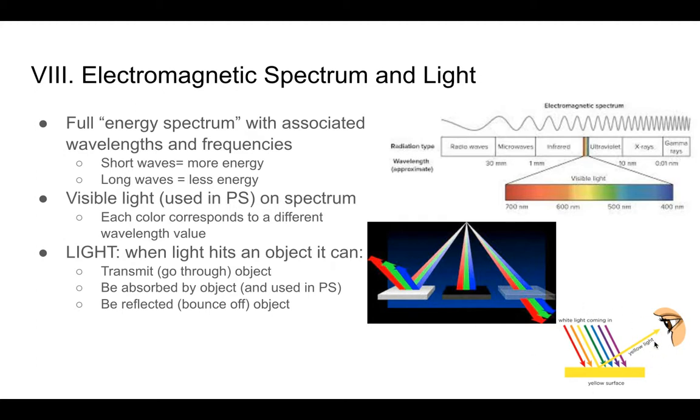So here's an example of that. If I shine visible light on a yellow surface, the surface is either absorbing or transmitting red, orange, green, blue, indigo, and violet, but it is reflecting yellow back to our eyes, which is why I see this surface as yellow.